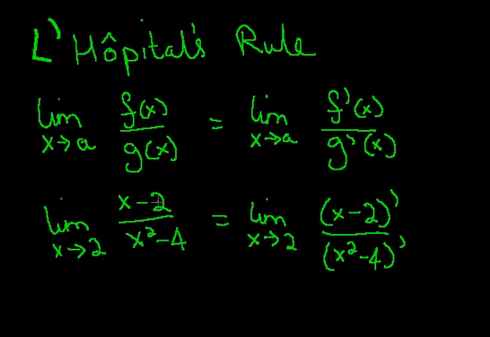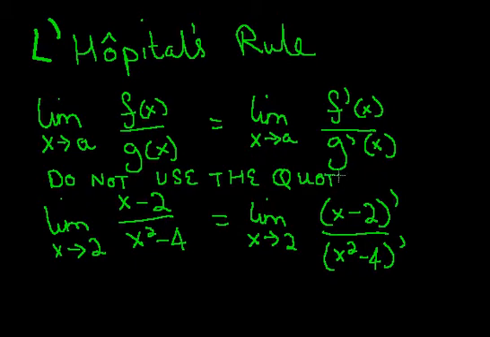And the thing to remember is that we're looking at this as two different functions, so do not use the quotient rule here, and I'm going to write that in all caps. Do not use the quotient rule. We're looking at these as two separate functions, one function in the numerator and one function in the denominator.